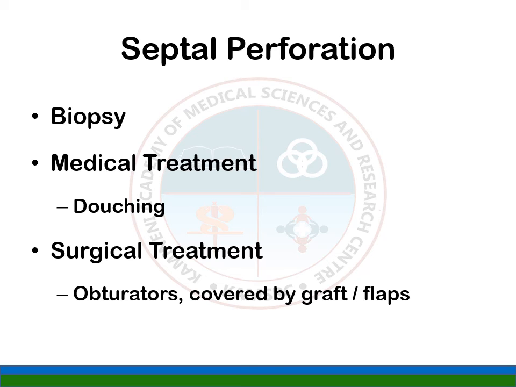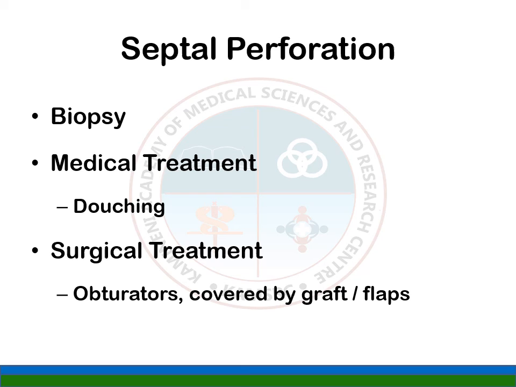What is the medical treatment involved in this? If the patient is asymptomatic, please don't even bother doing anything for him. Supposing there is a symptomatic patient, that is, there is crusting or too much dryness. Routinely, steam inhalation is advised so that the crusting is minimized.